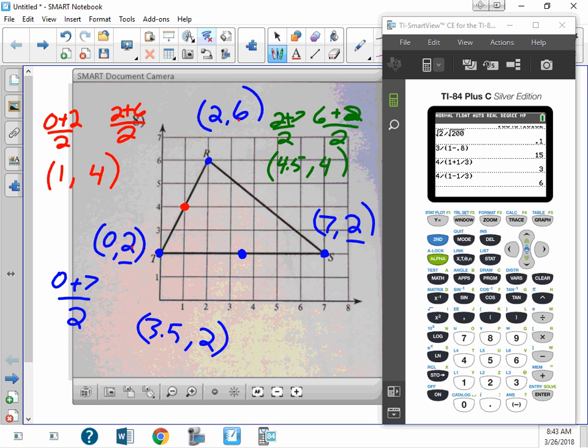So 4.5, comma, 4. And then I just connect all of those, and I get the centroid. Okay? And then on the next set, you need to draw your own triangle and then create the centroid. So you'll draw your own graph, you'll label your own points, and then you'll do exactly what we just did. Okay? Good luck.